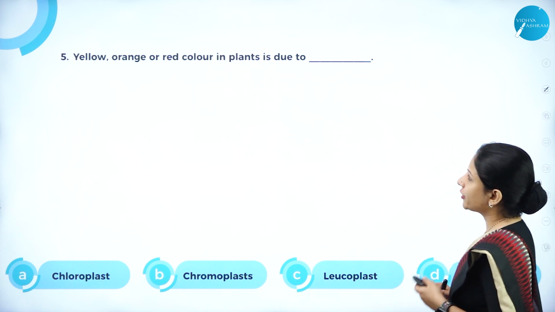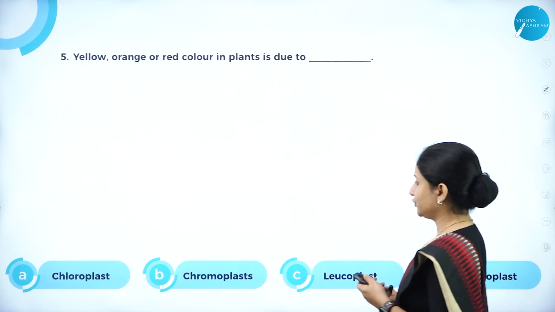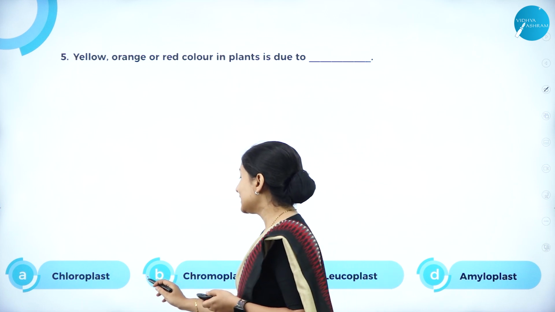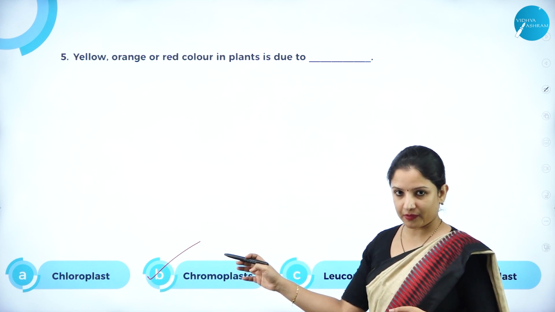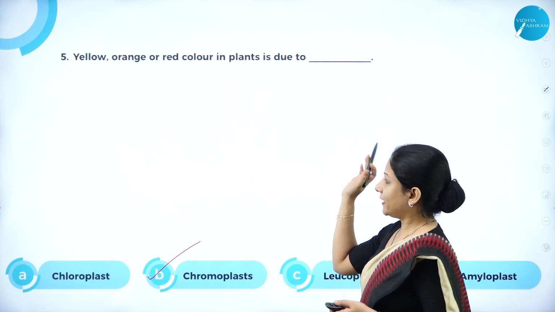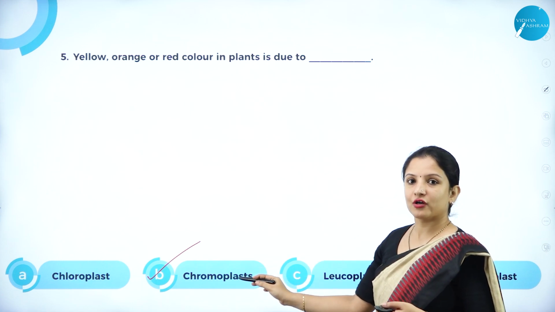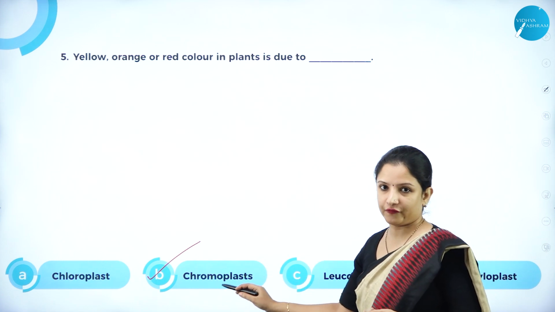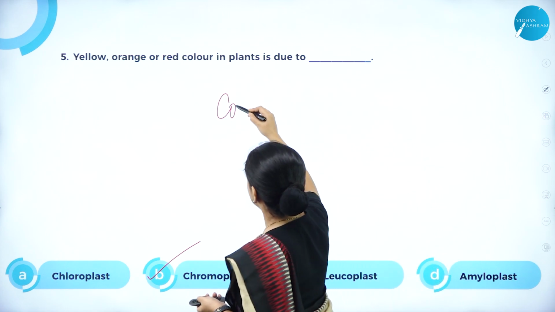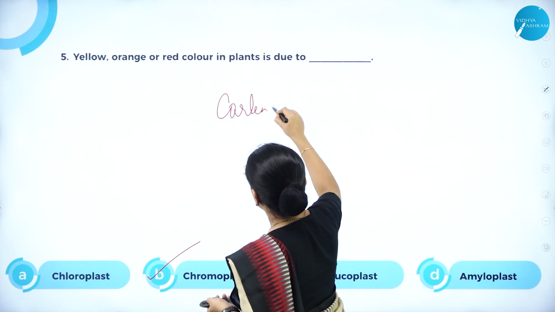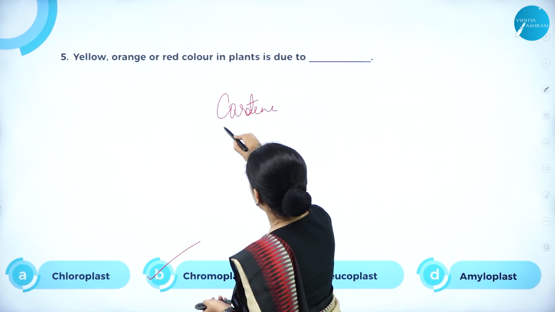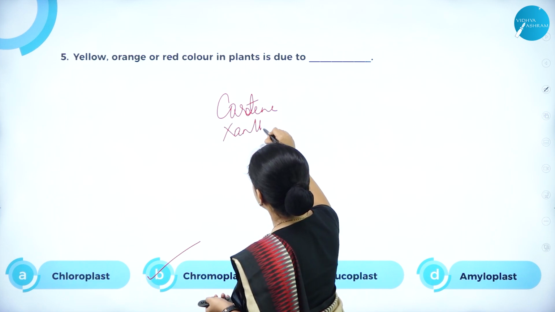Next, yellow, orange or red color in plants is due to chromoplast. Green color in plants is due to chloroplast. Yellow, orange or red color is due to chromoplast because they contain carotene and xanthophyll in them. Which are the two pigments present in chromoplast? It is carotene and xanthophyll.